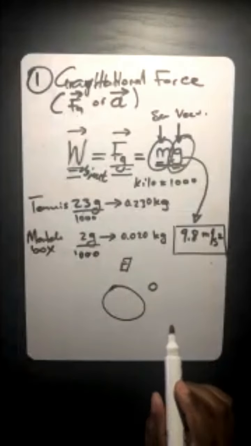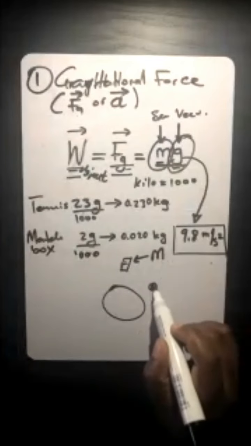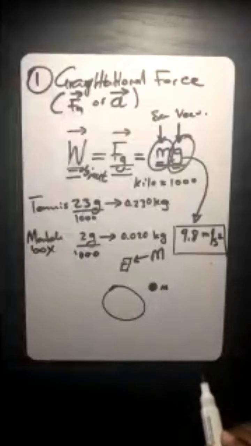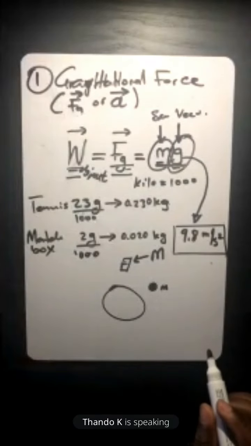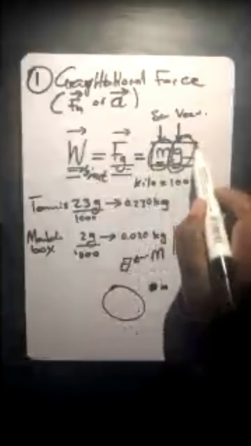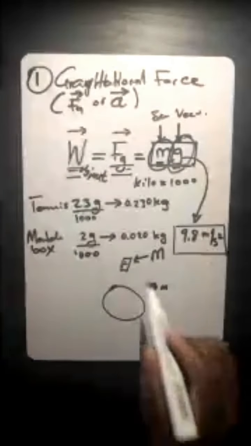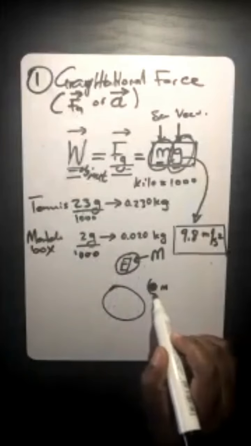Do you agree that a fridge has got more mass than a tennis ball? A tennis ball will have a smaller mass. Do you guys agree? Yes, sir. So what this formula says is a fridge can still have a bigger mass than a tennis ball.